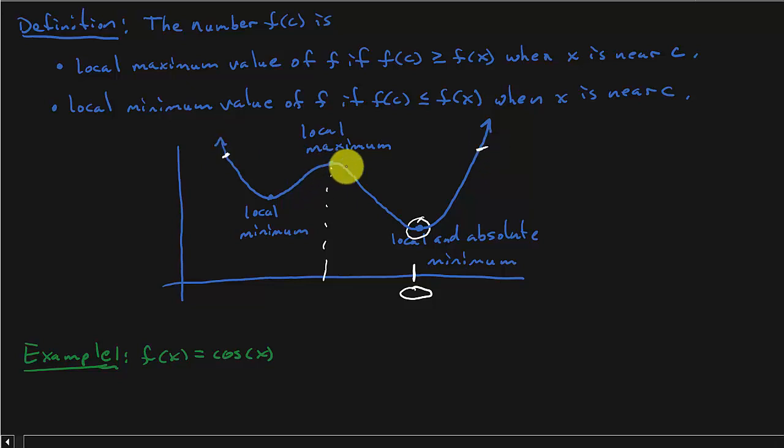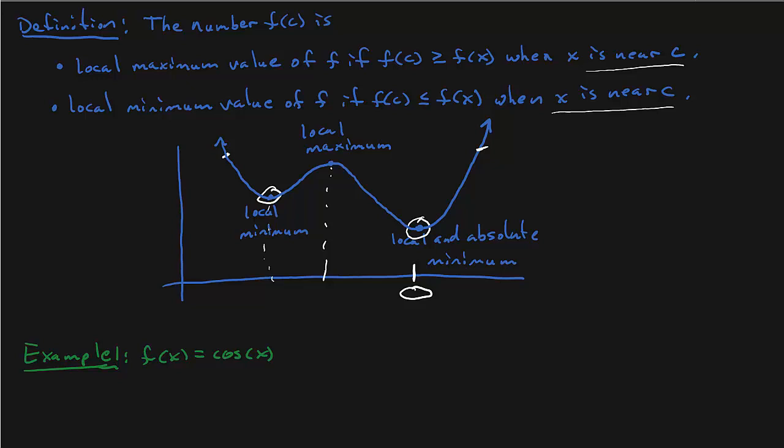So we can't say it's an absolute maximum, can we? And then right here, this point, we have a local minimum. It's not the smallest value on the graph, but remember, a local minimum is when x is near c. That just means right around this area, it's the smallest value.